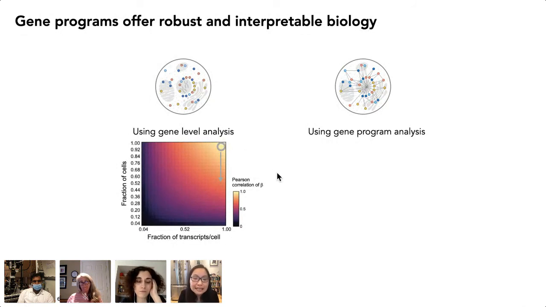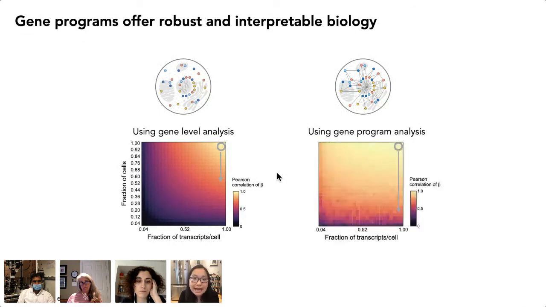However, if we do a similar analysis but now using gene programs as a readout, you can see that we can fairly comfortably subsample to about 20% of the cells included in the whole analysis and still obtain a fairly high phenotype correlation.